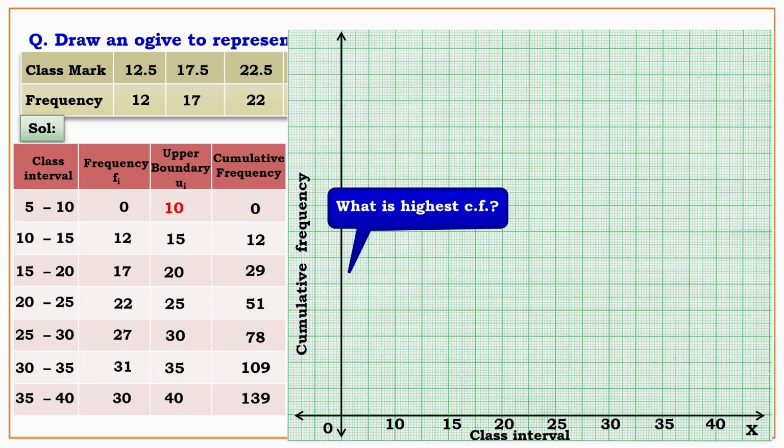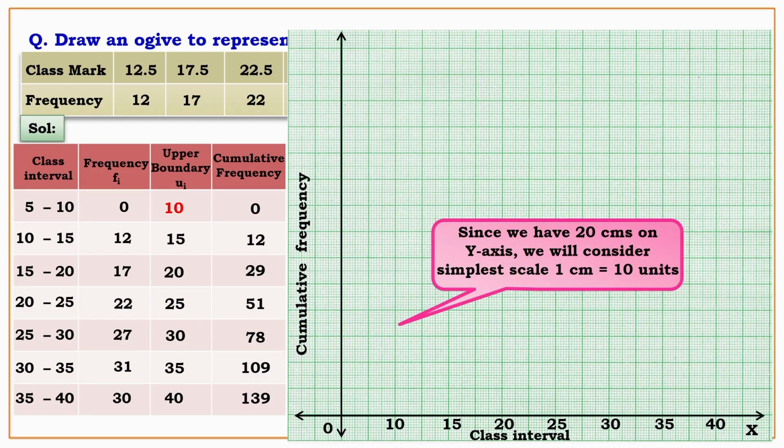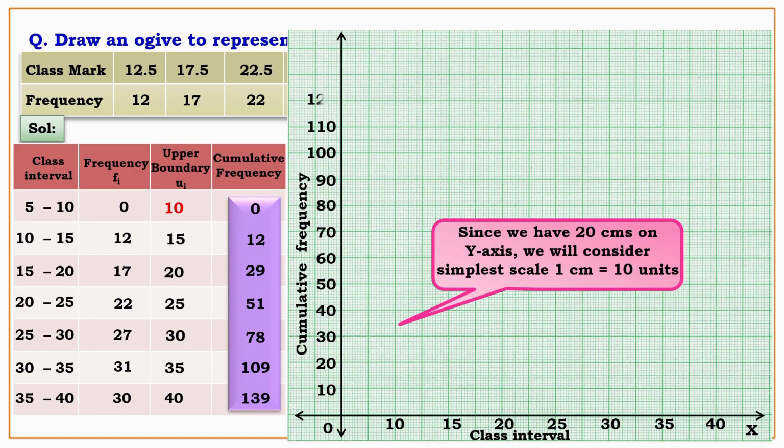That is 139. Since we have 20 centimeters on the y-axis, we will consider the simplest scale, that is 1 centimeter equal to 10 units. So in this way, we fill all the y coordinates.